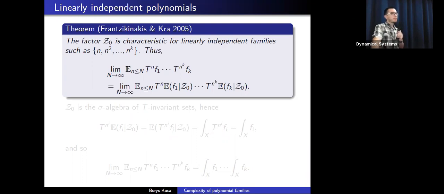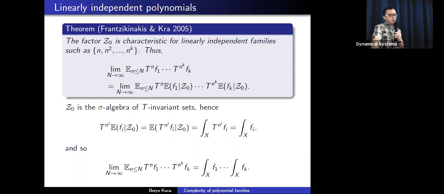And why is this interesting? By definition, the factor Z_0 is the sigma algebra of T-invariant sets. Hence, if we perform some algebraic manipulations, we will see that this expression here just equals the integral of the function f_i over the set X. Therefore, combining this with the theorem listed above, it turns out that the limit of the sequence of averages is just the product of integrals of the functions f1 through fk.